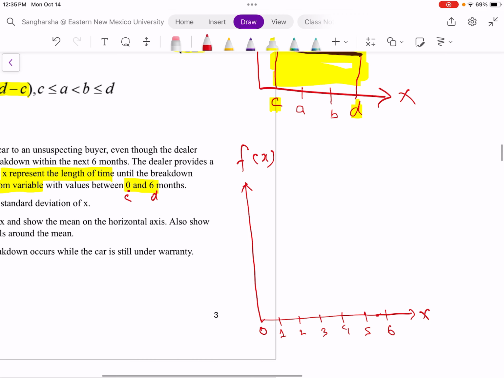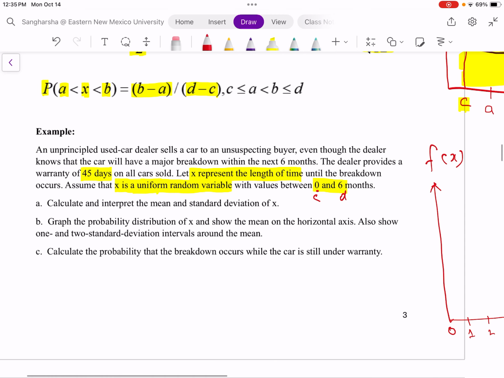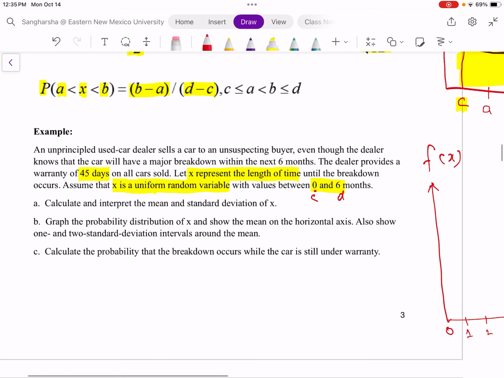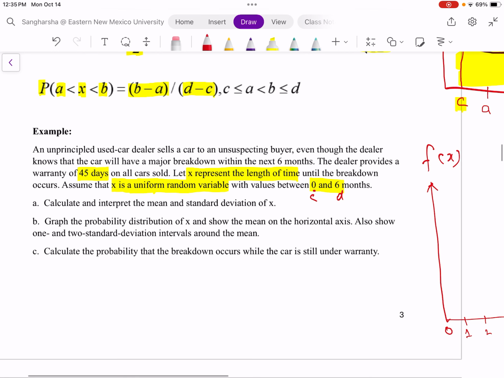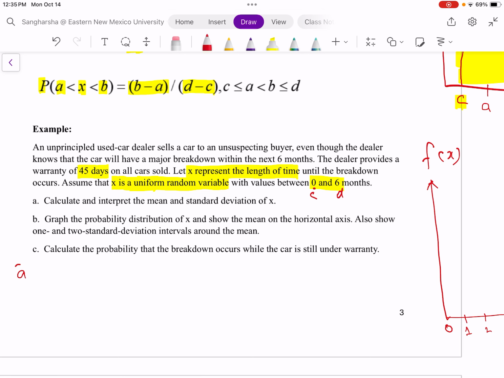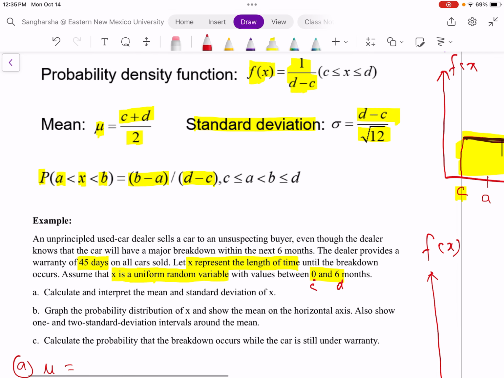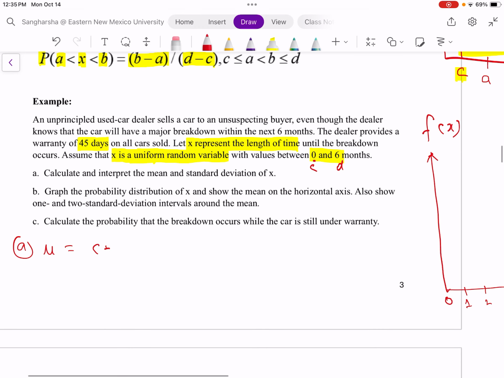Now, the very first question is, calculate and interpret the mean and standard deviation. For A, we are asked to find the mean, which is mu, and mu is C plus D divided by 2. Our C is 0, D is 6, divided by 2, and we get 3.